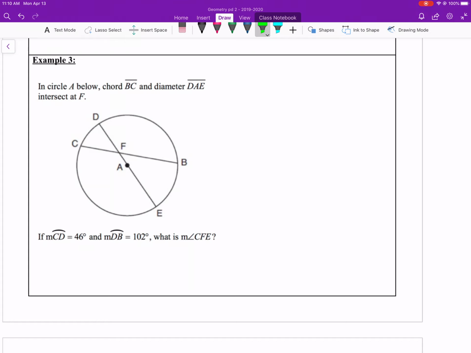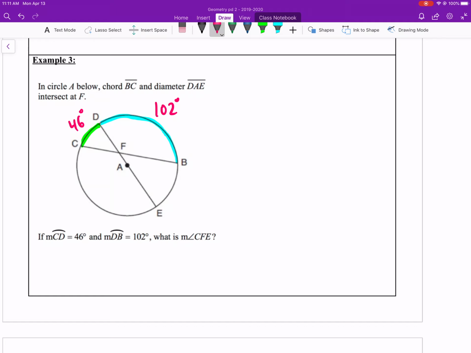Next, so they said if the measure of arc CD is equal to 46 degrees, and the measure of arc DB, alright, DB, now they're telling us this over here, alright, the measure of arc DB is 102 degrees, what is the measure of angle CFE?